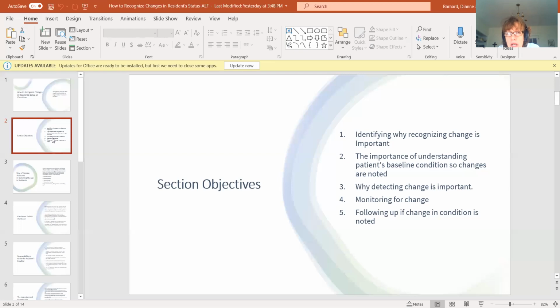That would be a positive change. But for most of the intents and purposes of this training, it would be the adverse types of changes that warrant reporting to either the supervising nurse or any type of leadership, for the most part.